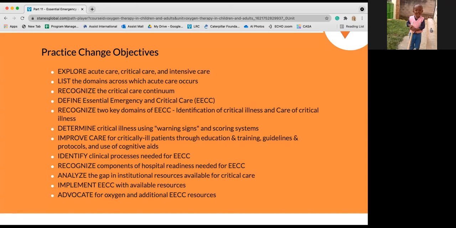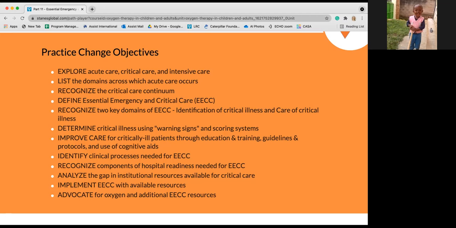We define essential emergency and critical care. We recognize two key domains of EECC: identification of critical illness and the care of critically ill patients. We determine critical illness by using warning signs and scoring systems.